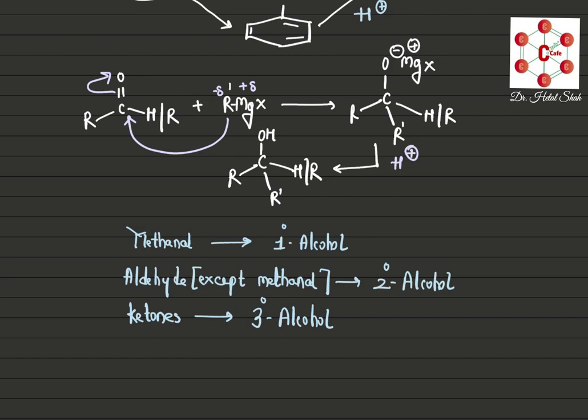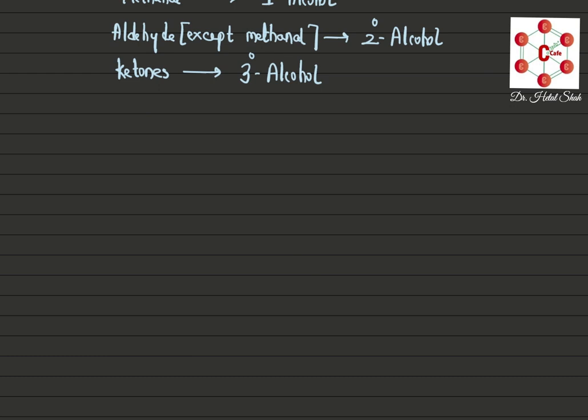Okay, coming back to what else could we probably use here. There are some compounds which react with Grignard in a very similar manner and would produce alcohols. Now, which are these compounds? This is one of them. OR dash.